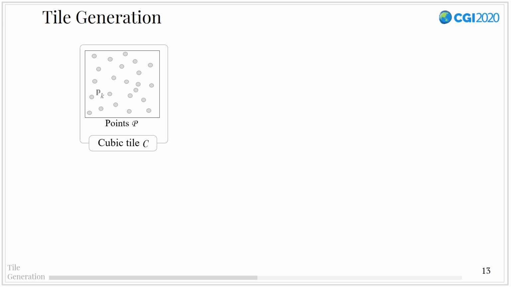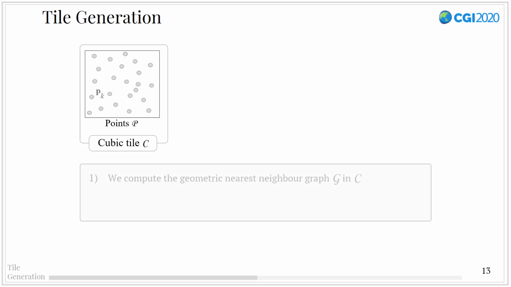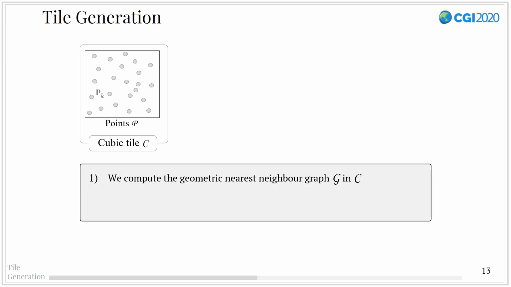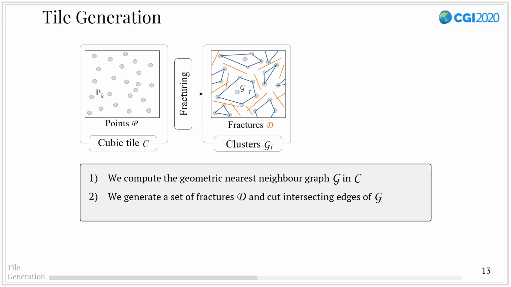First, we distribute samples inside the cubic tile C and compute the geometric nearest neighbor graph G, which is not represented here for clarity. Then, we generate a fracture distribution and cut intersecting edges of the graph.